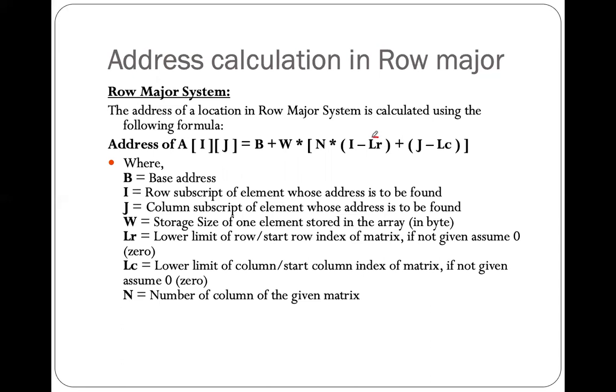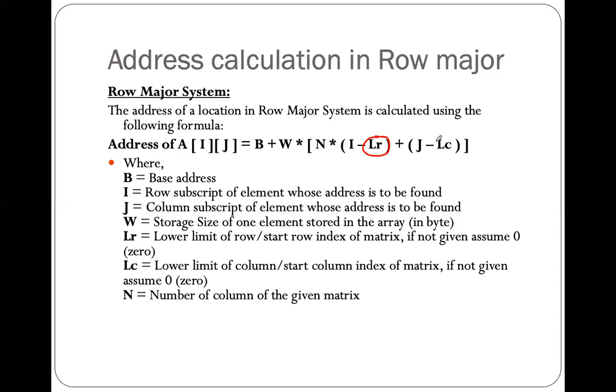I represents the row, that's why we have taken the row lower index, and j represents the column, so that's why you have taken the column lower index. L represents the lower index. This is the row lower index, and this is the column lower index.